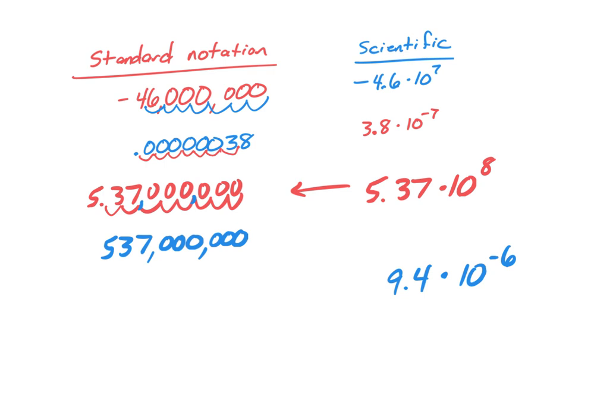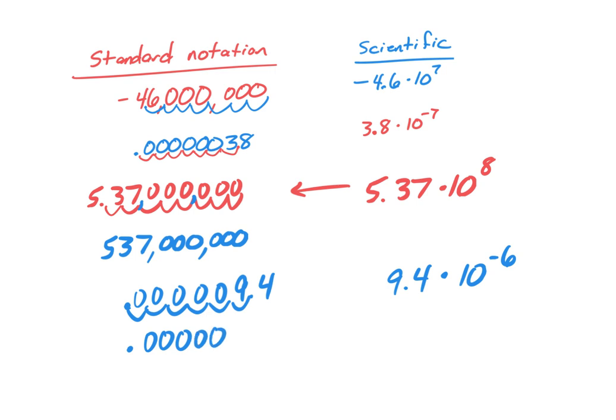So we're going to write 9.4, and we're going to move it back 1, 2, 3, 4, 5, 6. Fill in all the empty spaces with zeros. And so we're going to have a decimal followed by 1, 2, 3, 4, 5 zeros and a 94 at the end.